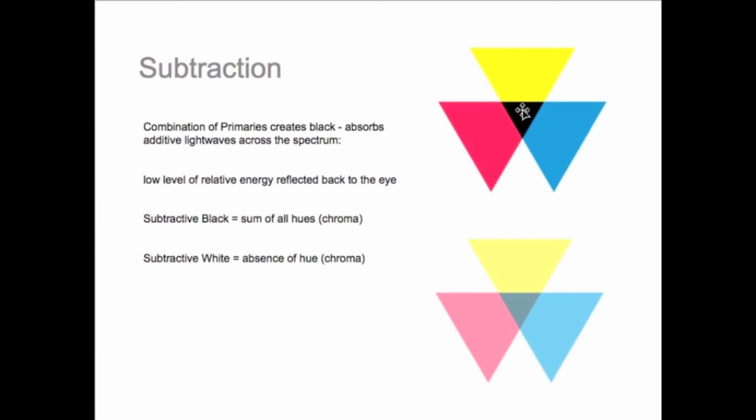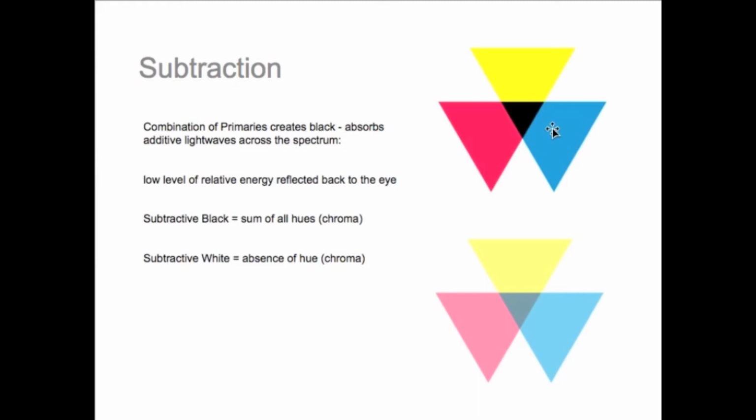The black that we actually get by mixing red, yellow, blue, or cyan, magenta, and yellow is actually a really dark gray, and it's not black, but it's really dark. It's darker than a battleship gray. And because it's not pure black, that's why in 4-color process printing, we have to add black, which makes it 4-color rather than 3-color.